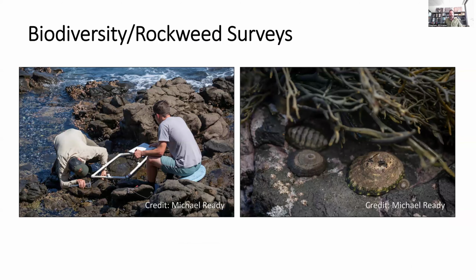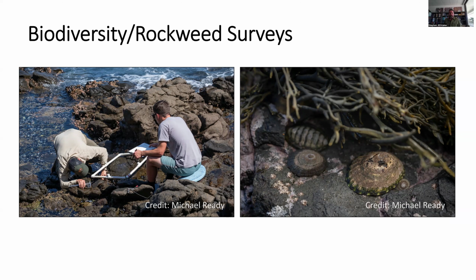Prior to doing any of the restoration work, we set up plots within the Sylvicia zone at each of the sites, and we assessed the biodiversity of sessile and mobile species. So sessile species meaning most of the algae, some of the things that don't move around as much, limpets, and then the mobile species like crabs, mainly crabs.